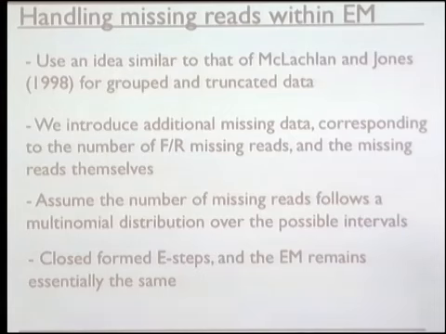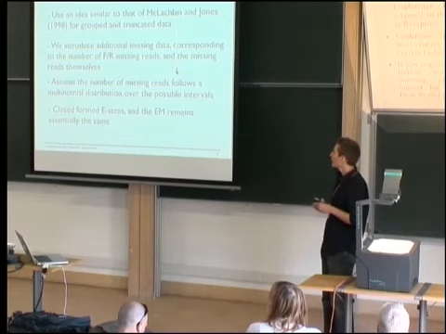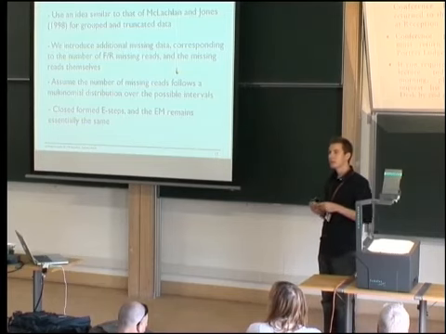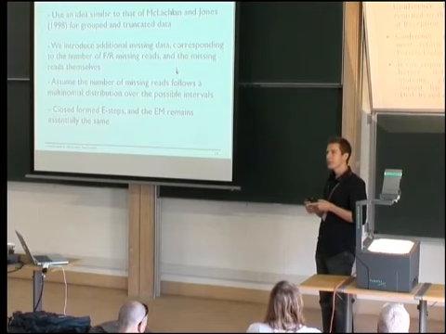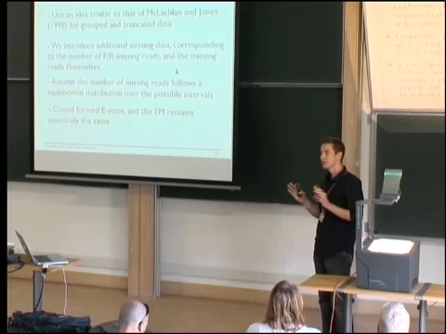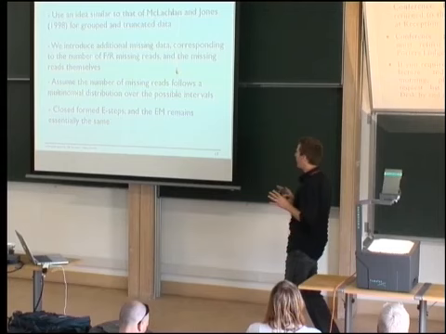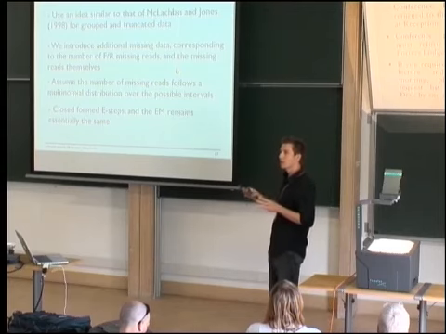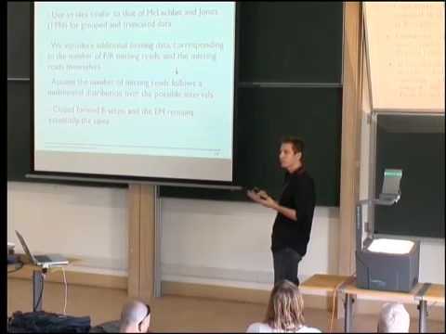It's very easy to incorporate that into an EM algorithm. The E step just estimates how many reads are missing and what their contributions are. You impute that, and then you carry on with the M step. What's very good is that you can get closed form estimates again for the E and M steps. I say pretty easy because, although it's easy to get something closed form, there's actually a lot of computation because you deal with truncated distributions.